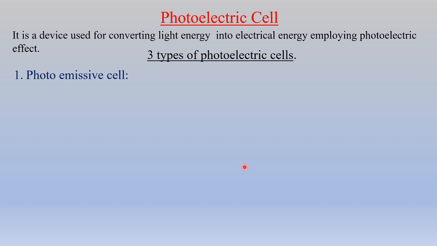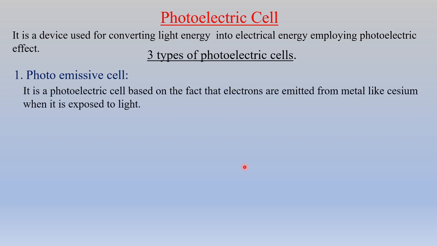That is simply a photoelectric cell. So it is just utilizing the photoelectric effect. That is, when light is incident on such a cell, the electrons are emitted. Then the next type of photoelectric cell is the photovoltaic cell.